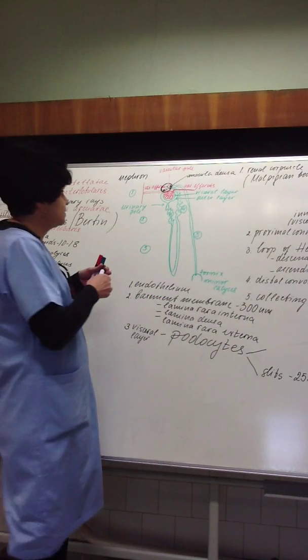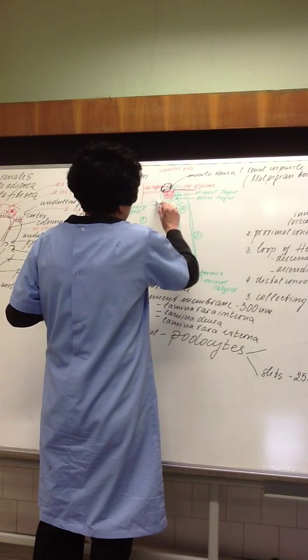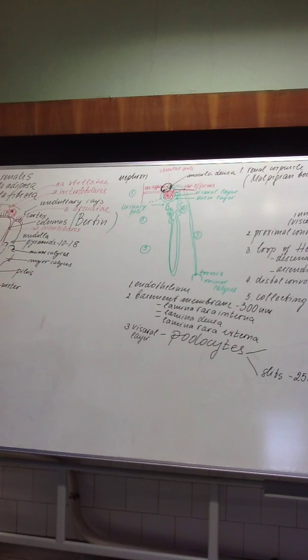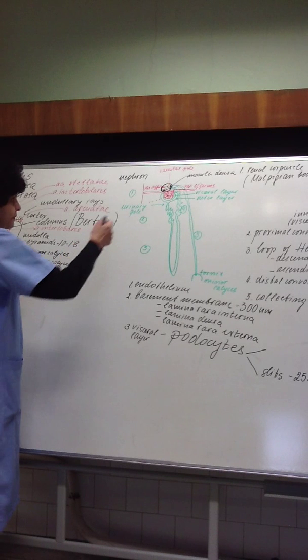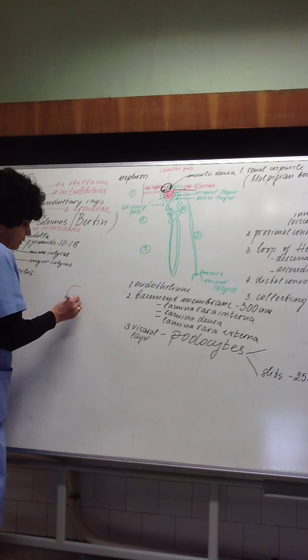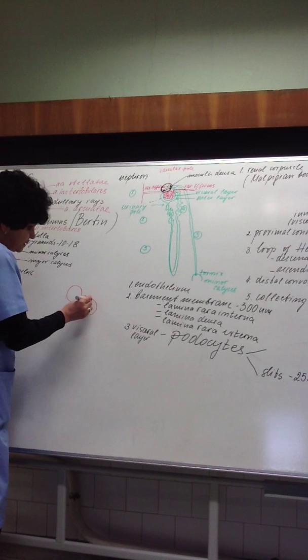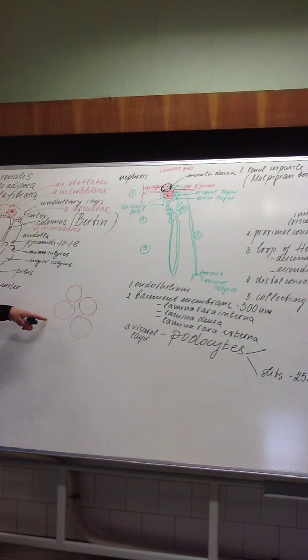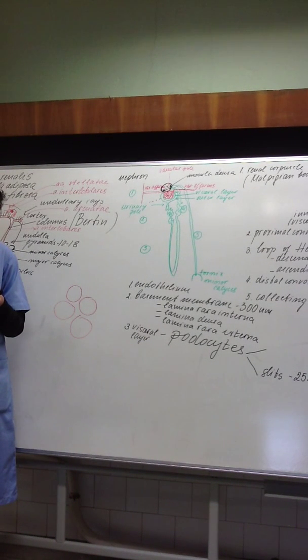And in cross-section, in this plane, for example, if we observe Malpighian bodies, we will see the lumen of capillaries. What type of endothelium is the endothelium of these capillaries? I said fenestrated. Capillaries are fenestrated, continuous, and discontinuous.